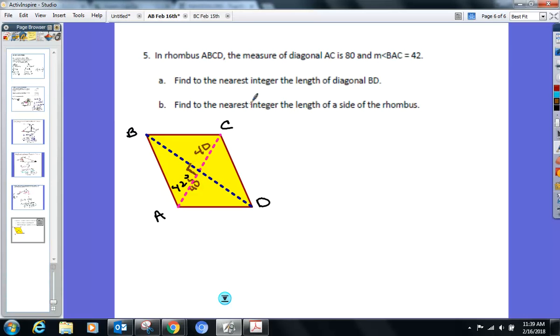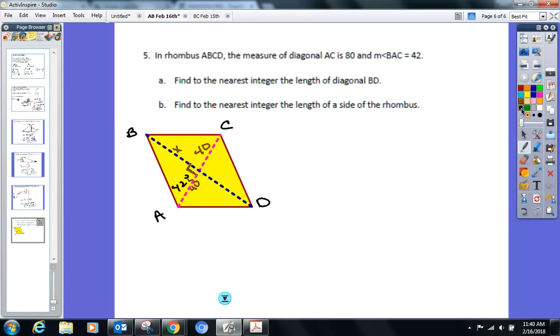Can you find this leg? And once you find it, how can you find the entire diagonal? Because the diagonals bisect each other. Perfect. Your goal is to take this right triangle, solve for that side, double it, and then you'll have diagonal BD.